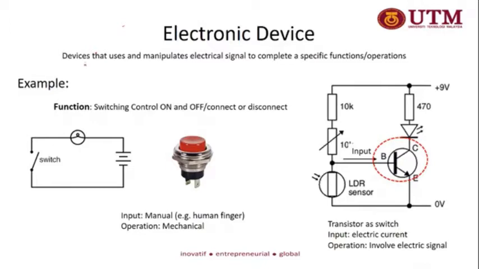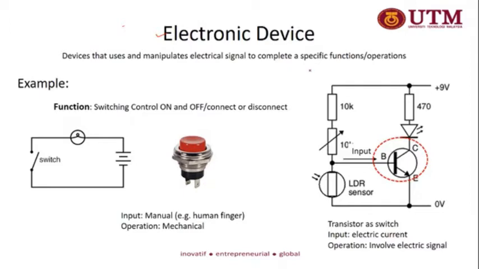Okay, first I will explain briefly on electronic device. So what is an electronic device? It is a device that uses and manipulates electric signals to complete a specific function. So a certain device should have a certain function or a certain operation. This is why they made the device. For example, you want to have an amplifier.